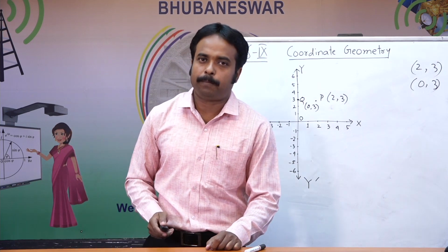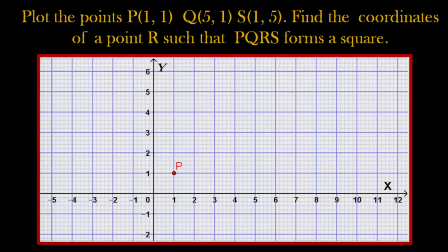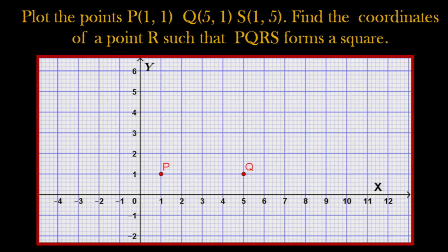So the point P is here. Again we have to plot the point Q in the same way. The coordinates of Q are (5, 1). Therefore we have to go 5 units along the x-axis and 1 unit along the y-axis, and this is Q.